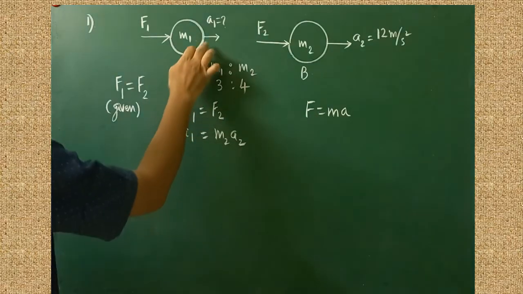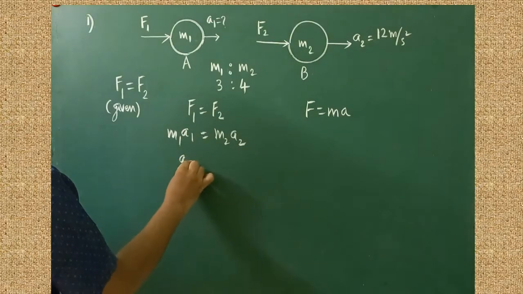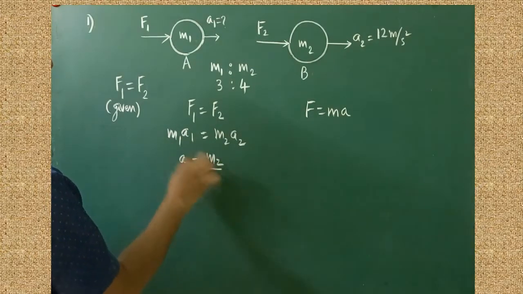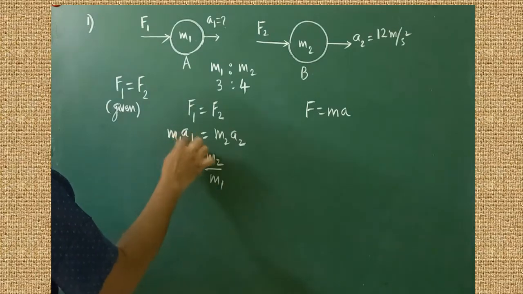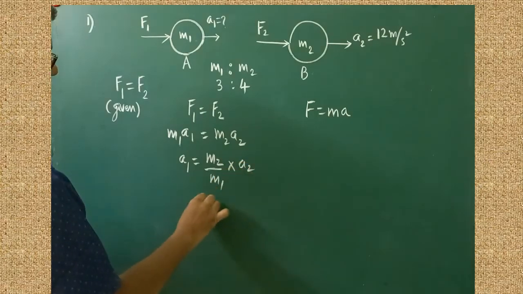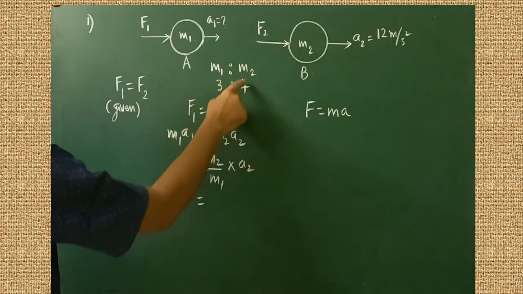So here, what is required? The acceleration of the first moving body is to be calculated. A1 is equal to m2 divided by m1 into A2. What is the ratio here? The ratio of these two is 3:4. Substitute here.